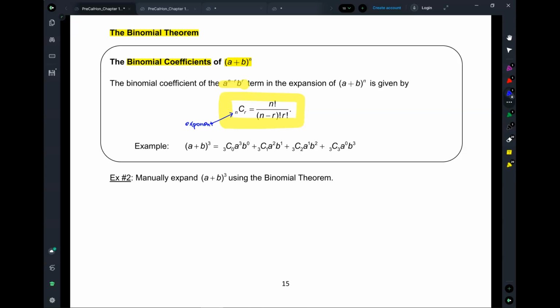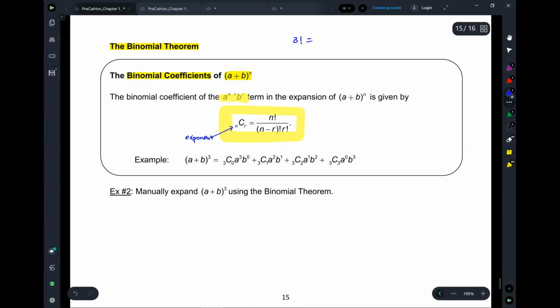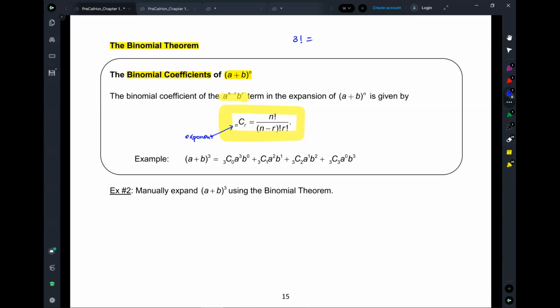Now the formula for it is this, n factorial. Do you guys remember what factorial was? If I have 3 factorial, that's not just 3, it's not an excited 3. It's not an exclamation point. It's 3 times 2 times 1. Whatever that number is, you multiply it with all of the other integers that come before it until 1.